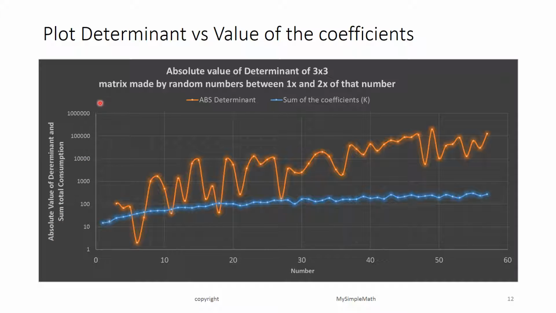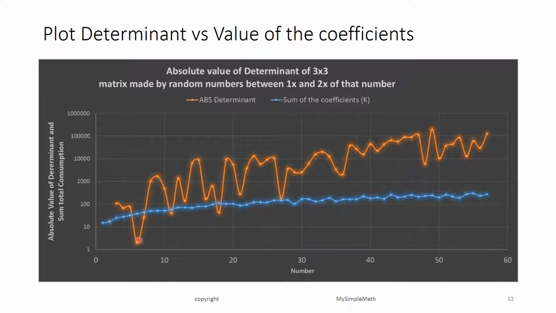The y-axis right here is logarithmic. That was to incorporate the steep rise of the determinant with the consumption. So this consumption and the number of days are the same. That is, this is A is equal to 10, A is equal to 20, A is equal to 30, and so on and so forth.